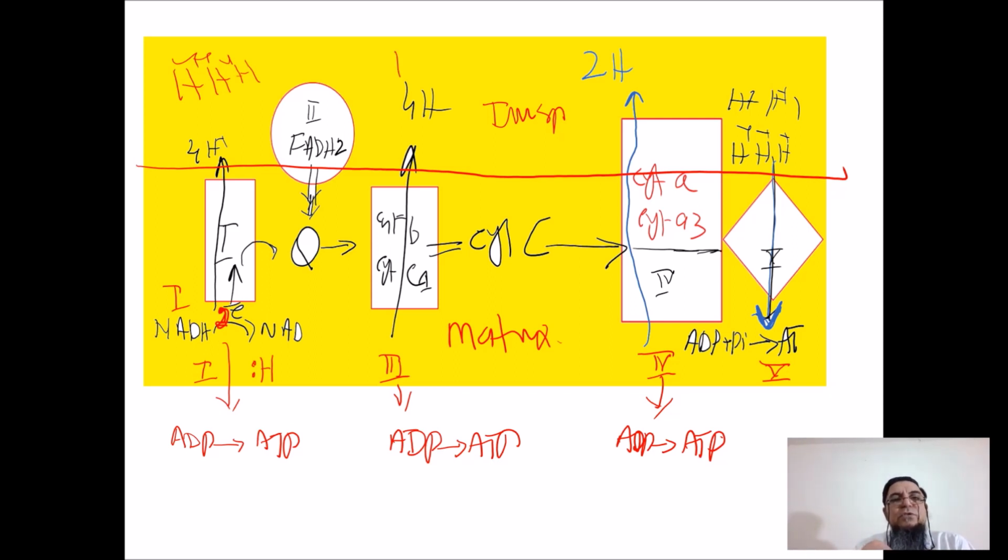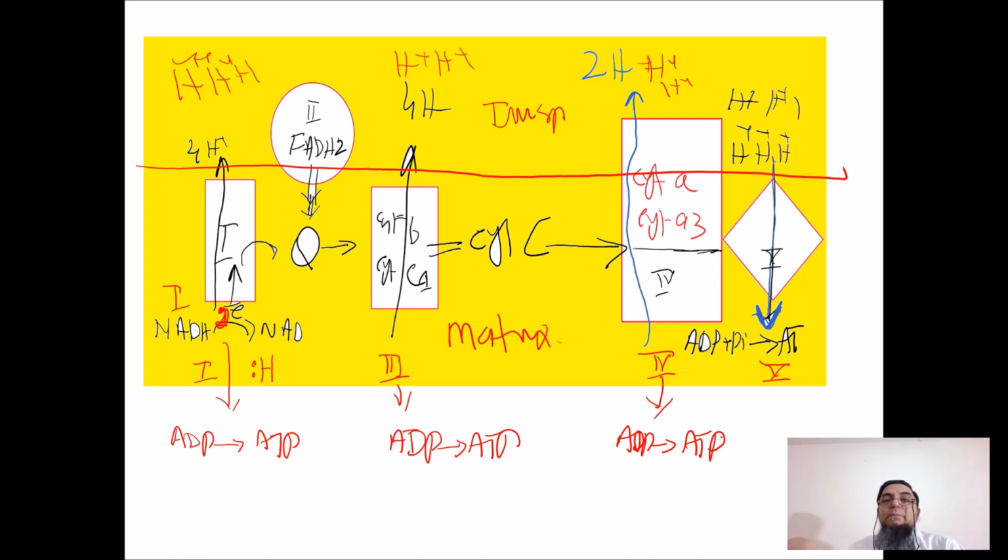Complex 3 will pump hydrogen, more hydrogen in the intermembrane space. Complex 4 will pump hydrogen, more hydrogen in the intermembrane space. And when hydrogen is more outside and less inside, there will be a gradient. This gradient is called electrical gradient as well as chemical gradient. That's why we call it electrochemical gradient.